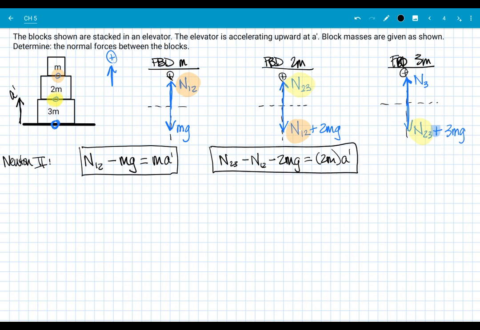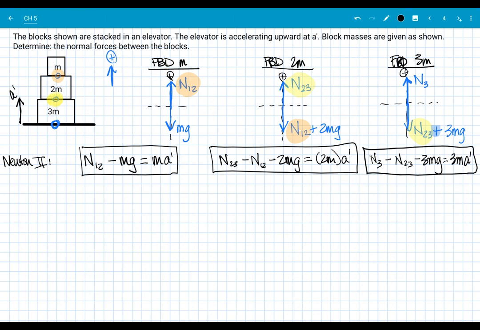They're all accelerating together in this elevator. And the 3m block, what do I have here? N3 minus N23 minus 3mg, those are both downward directed, so they're negative, is going to be equal to its mass, 3m, times acceleration, a prime.